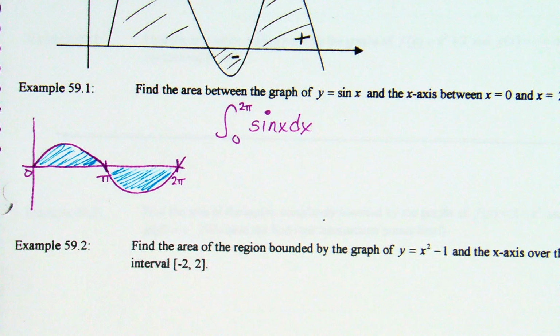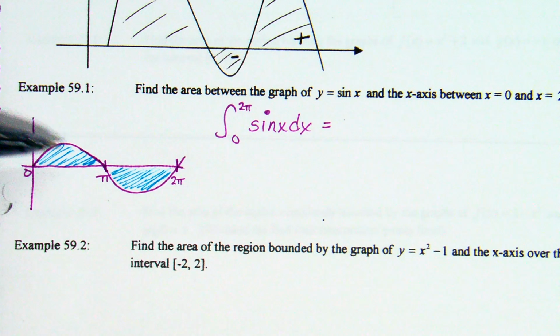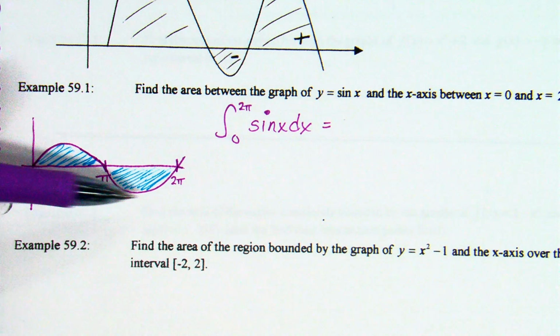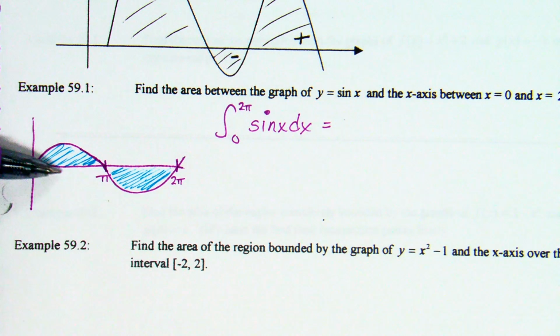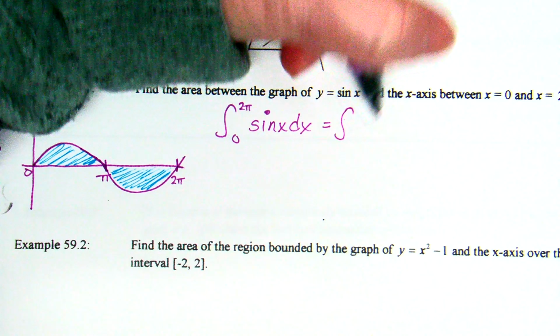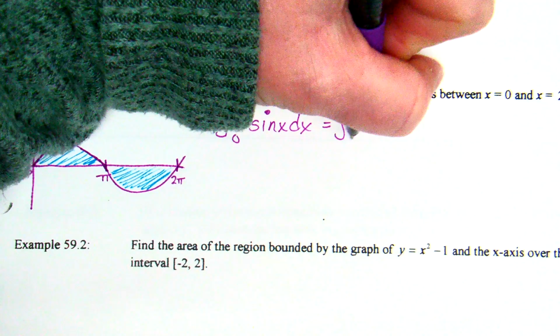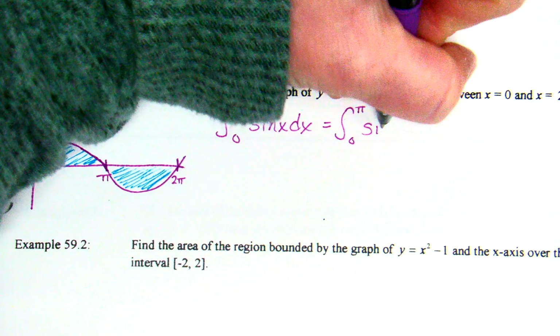0 to pi, sine x dx. Yeah. So we want to break it up into two pieces. It's still sine x dx in both cases, but using those boundaries. The idea is that this first one is above the x-axis from 0 to pi, so from 0 to pi of sine x dx.